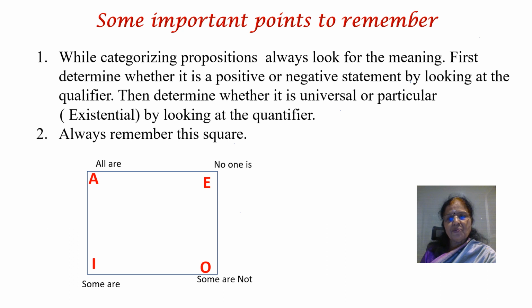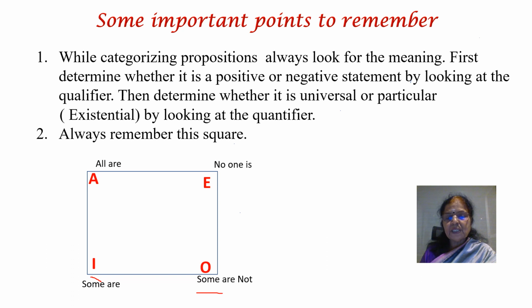Regarding the types of categorical propositions, that A, E, I, O types. Always remember to draw this square for some of the problems. I will tell you later on when to draw. Remember this square. Here A, E, and at bottom I and O. And A is universal positive, universal affirmative.